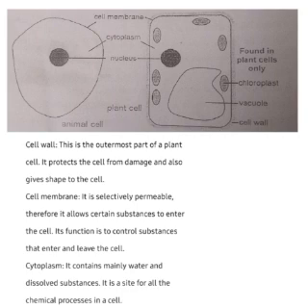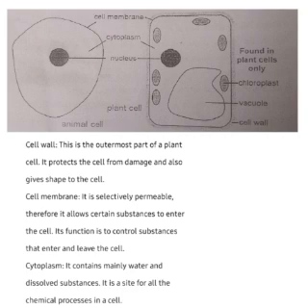To be selective means that it chooses. So when they say it's selectively permeable, it means that it allows certain substances inside while not allowing others. Then, because of this same function, it's able to control substances that enter and leave the cell. So that's a function. Controls the substances that enter and leave the cell.